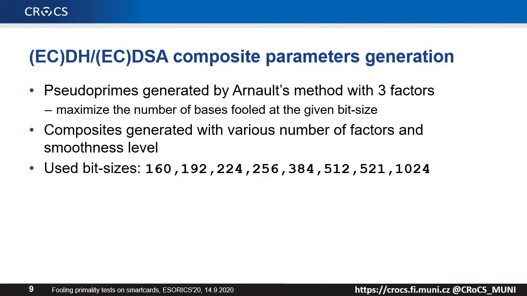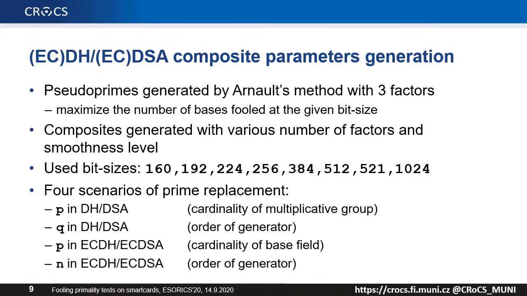We used the following bit sizes to capture the commonly used ones. We cover 4 scenarios where we replace a prime with a composite, depending on whether it's elliptic curve based or the classic one, and whether it's the order of the generator or the cardinality of the base field or multiplicative group, respectively.